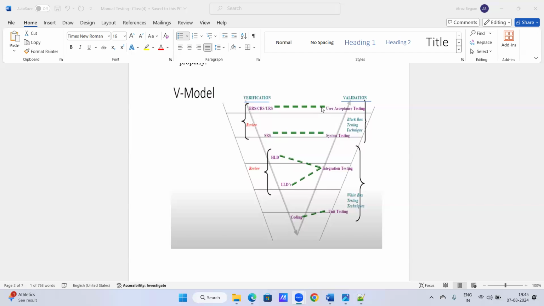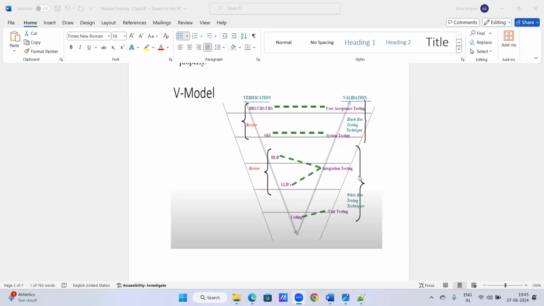That is user acceptance testing. This is also done by testers along with the client, and here also we don't need to understand the code. That comes under black box testing technique. So system testing and user acceptance testing come under black box testing technique. Unit testing and integration testing come under white box testing technique, right?